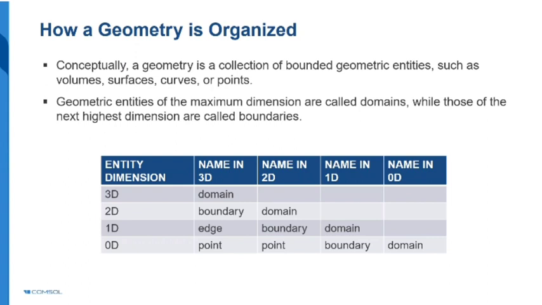When we are working in a 2D environment, surfaces are called domains and edges are called boundaries. Going to a 1D environment, the maximum dimension is 1D, and hence edge elements are called domains and the endpoints are called boundaries.